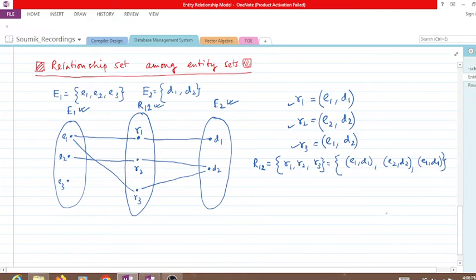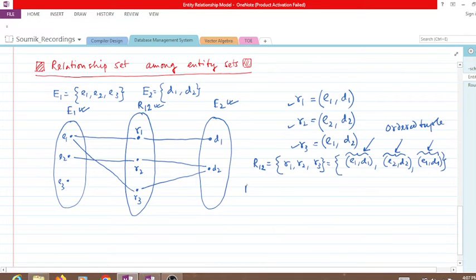Now here we need to note that these are ordered tuples. Okay, now we can also say that the relationship set R12 is a collection of ordered tuples. Now this is the same as the relationship in mathematics.